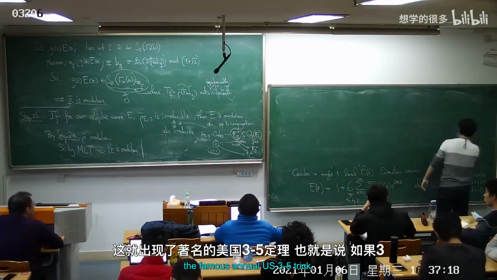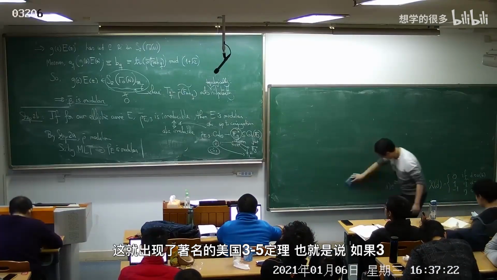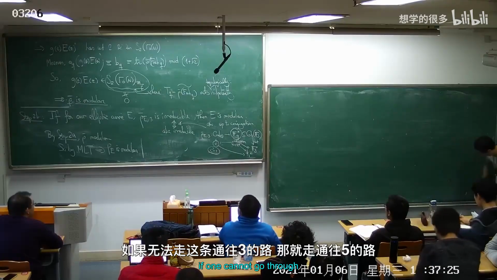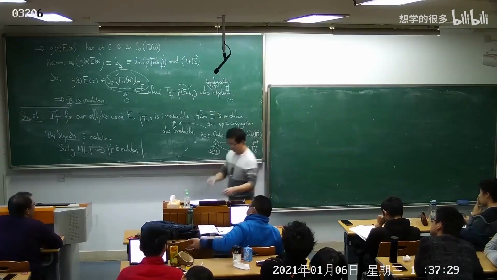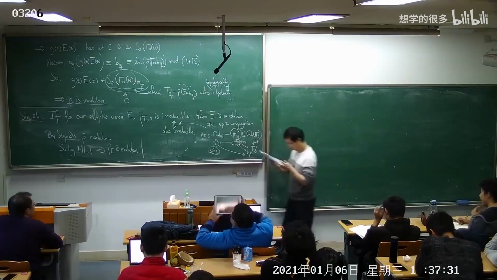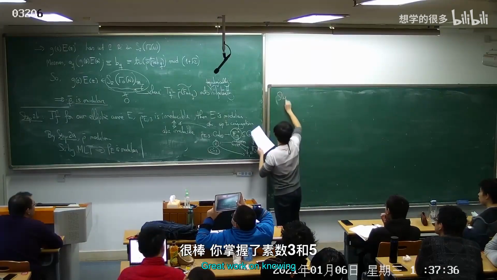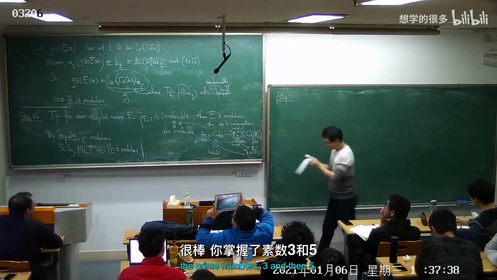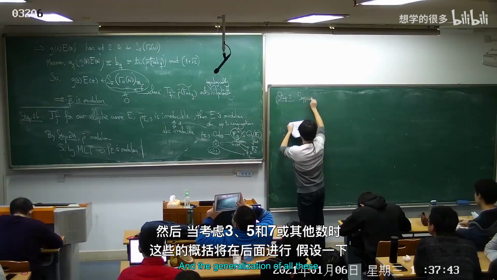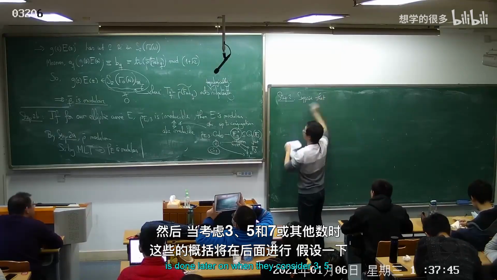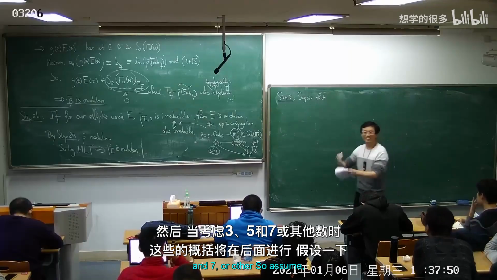There comes the famous Wiles' 3-5 trick, meaning that if one cannot go through this path through 3, he'll go through 5. The generalization of all this is done later on when they consider 3, 5, and 7 for other situations.